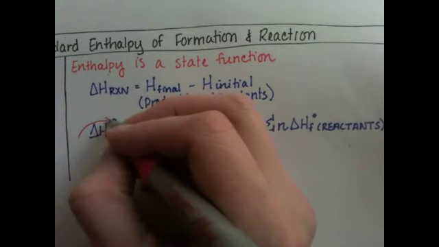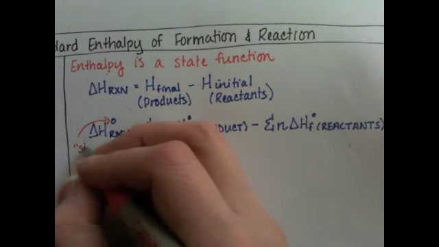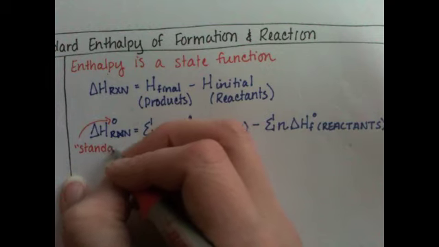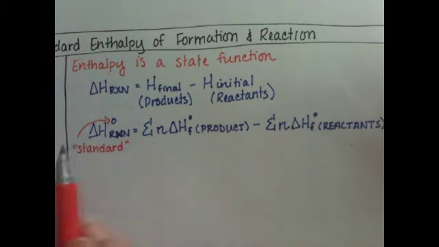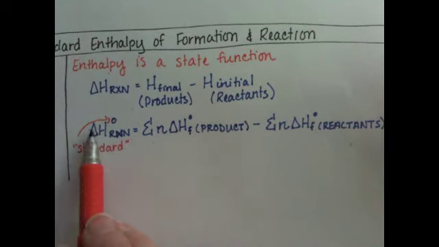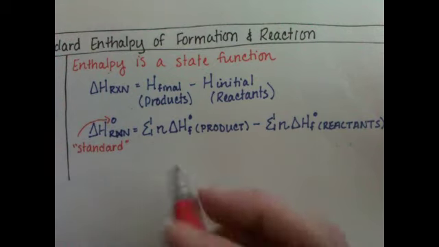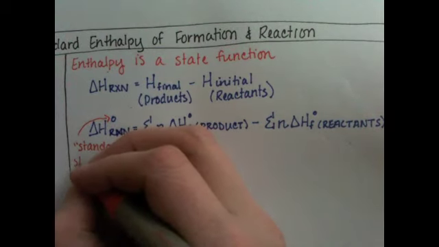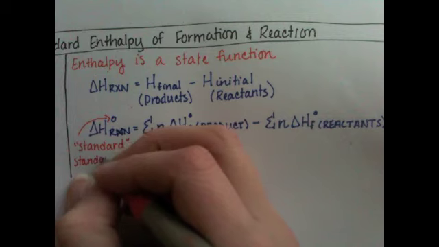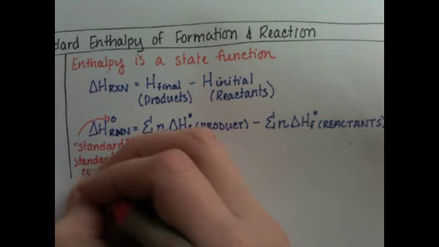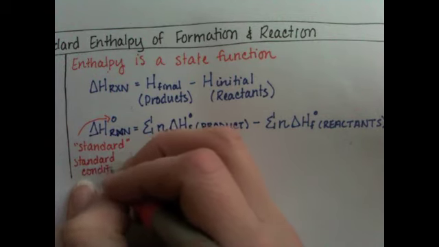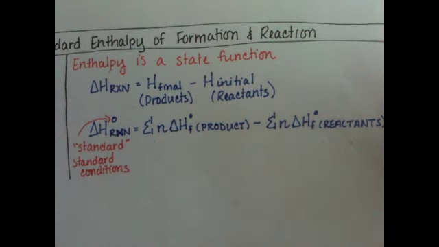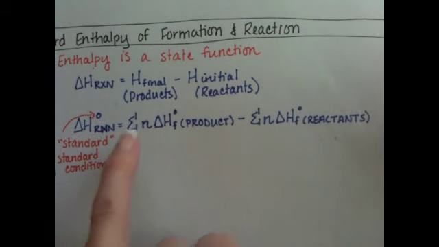This symbol here is pronounced standard, so we would call this delta H standard, or delta H of reaction standard, and it represents standard conditions. So it's saying that at standard conditions for measuring delta H's, this is what you're going to get.